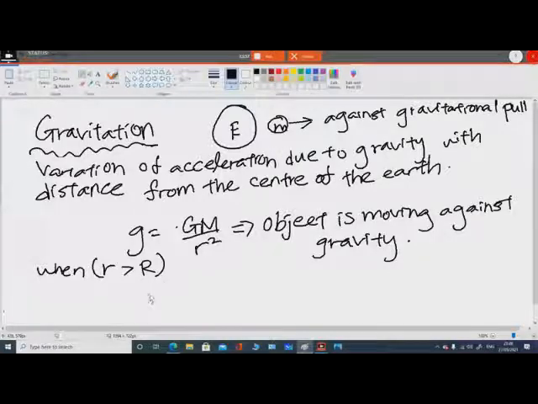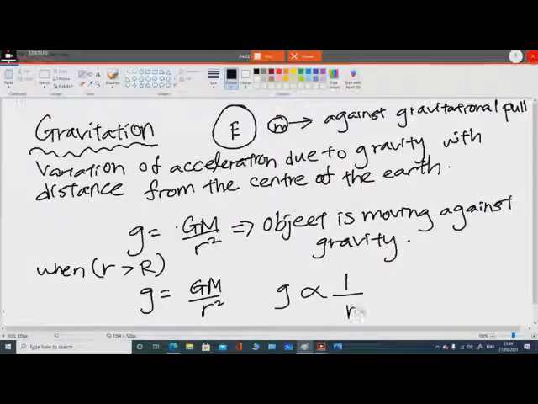So g is GM over r squared here, same as before. The relation between g and r is that g is inversely proportional to the square of the distance between the Earth and the mass. So this is for the distance outside the Earth.